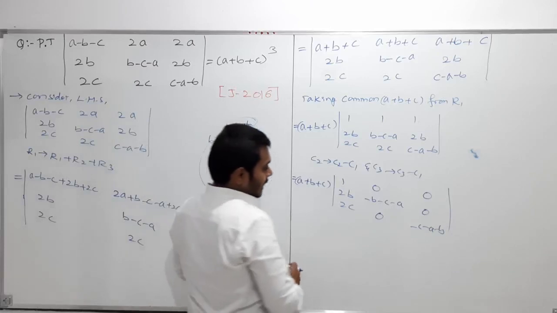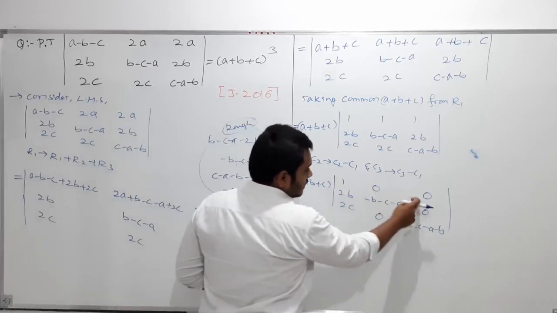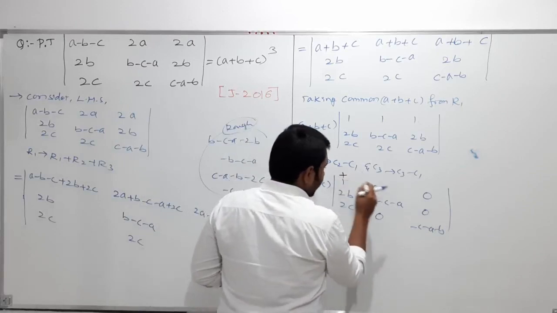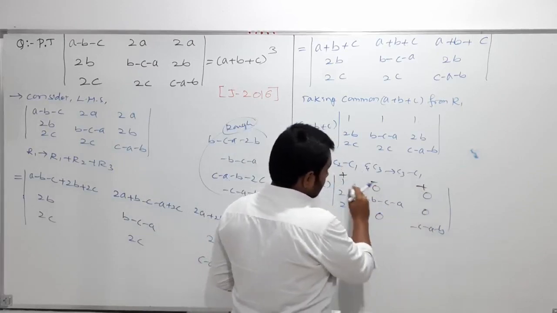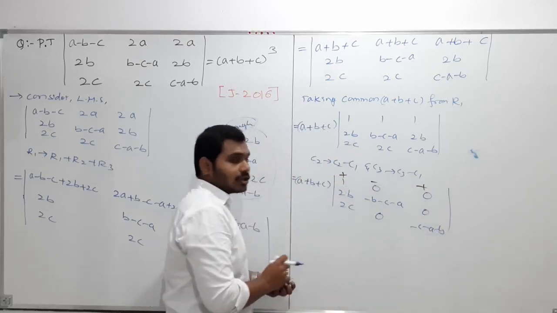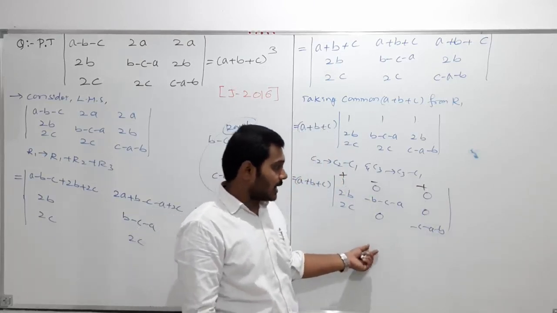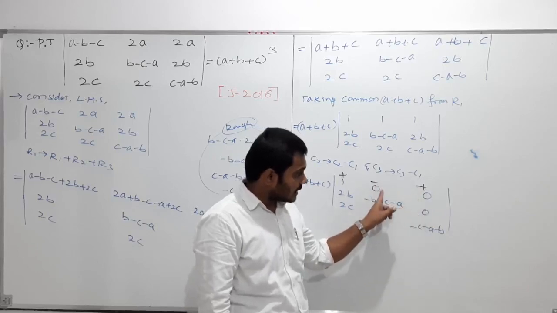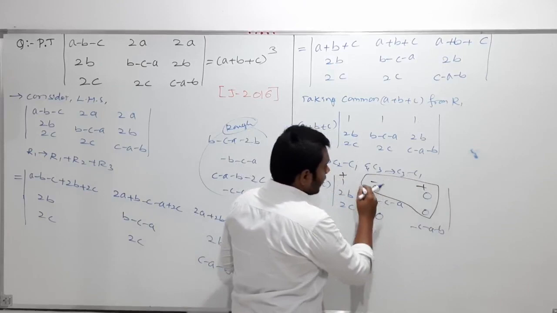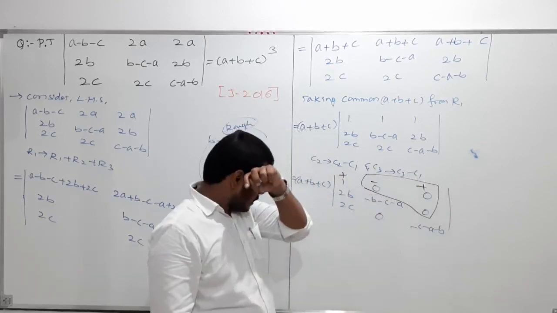And now, my dear students, I expand along row 1 because already these elements are 0. Clear? Either you can change the sign, plus minus plus, or expand along the zeros. Or else, as I told in the first problem of this class, if this is 0, here also 0, here also 0, it means this is an upper or lower triangular matrix.